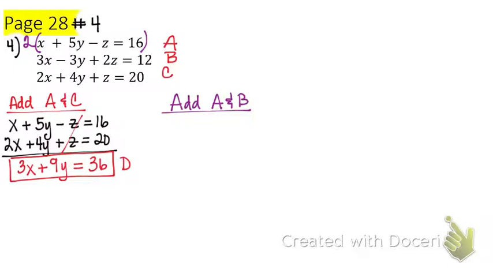So that's going to be 2X plus 2 times 5 is 10Y. That's my minus 2Z. And that equals 2 times 16, which is 32. Now let's go ahead and write equation B under it. Now B did not need to get a makeover.